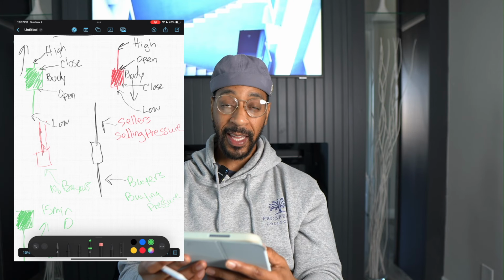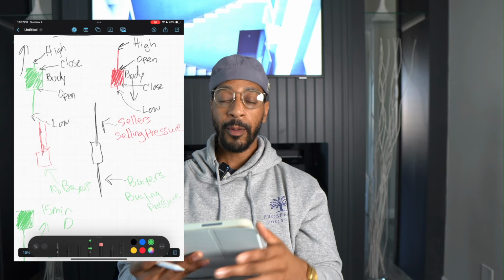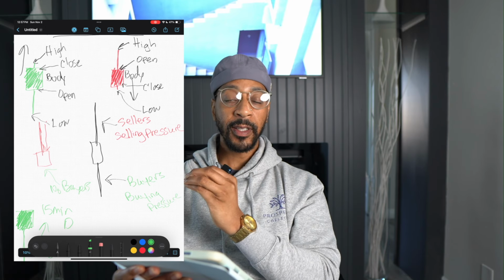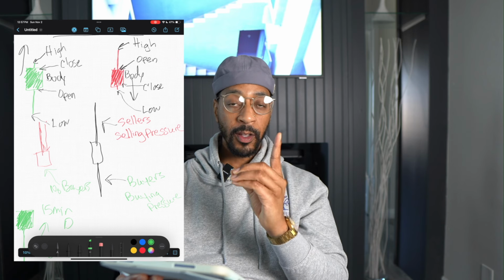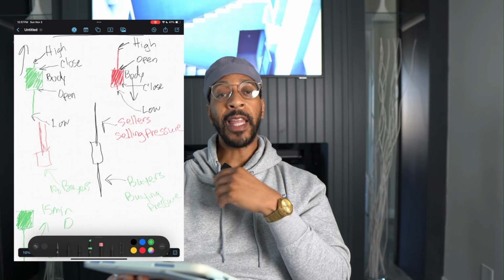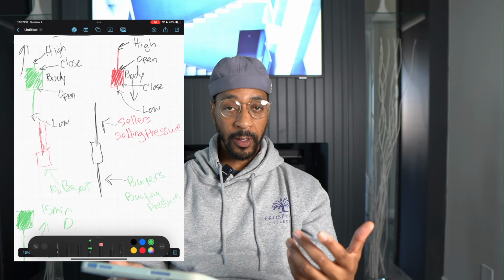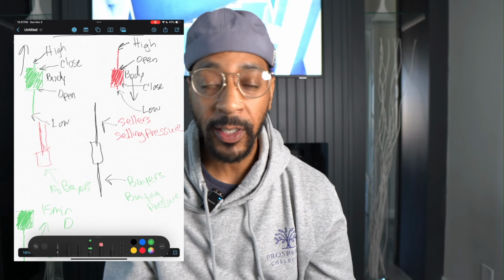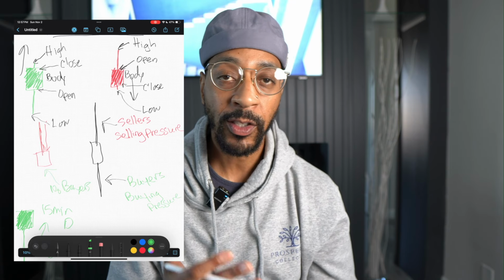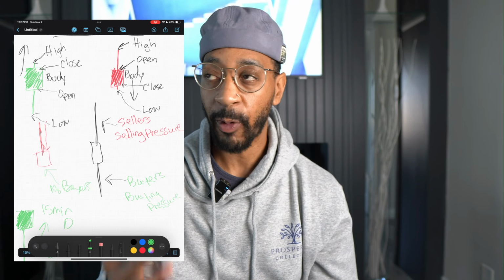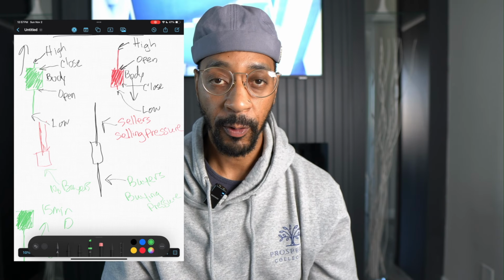Now, like I said, you also have patterns. There's a whole bunch of candlesticks within one pattern. So you're going to have bullish and bearish candlesticks that make up a whole pattern. And it's up to you to be able to recognize the pattern and understand what's going on with the stock, the pattern, the direction of the stock, right?